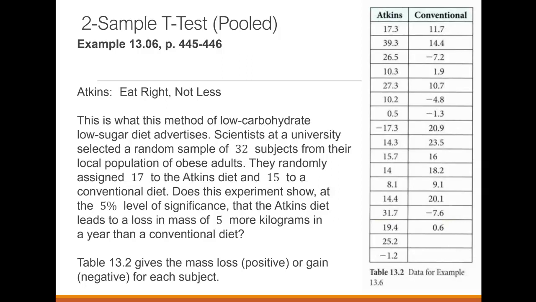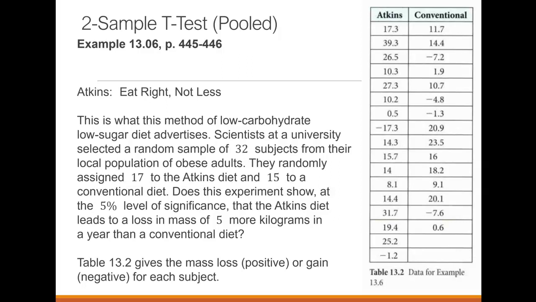Atkins diet, eat right, not less. This is what this method of low carbohydrate, low sugar diet advertises. Scientists at a university selected a random sample of 32 subjects from their local population of obese adults. They randomly assigned 17 to the Atkins diet and 15 to a conventional diet.